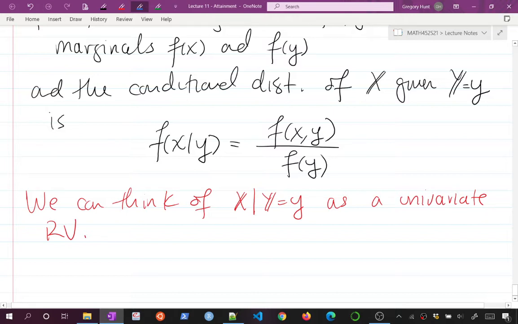If I fix little y at some value, this is just a univariate PDF, exactly a univariate PDF. And this quantity, which is how we denote the conditional random variable of X given Y, we can think of as a univariate random variable. It's different than X itself, and different than the joint of X and Y, which is bivariate. It's some other univariate random variable.